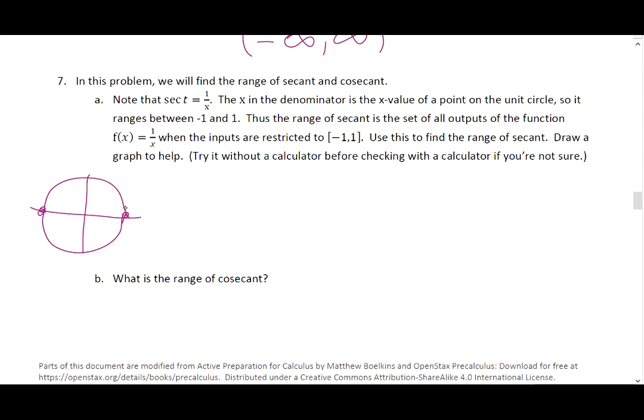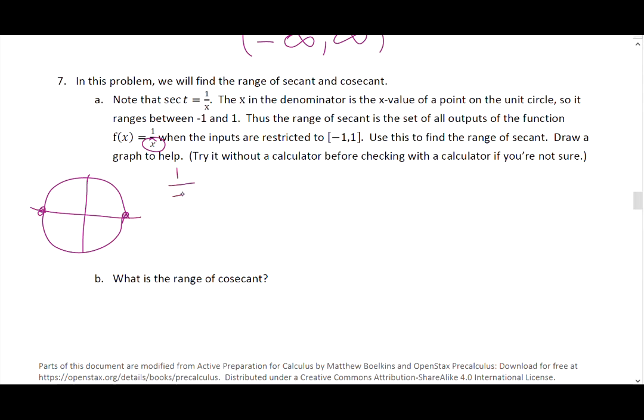And it says draw a graph to help. So let's think about what's going on here. The x values in 1 over x are the possible x values on the unit circle. So they range between -1 and 1.